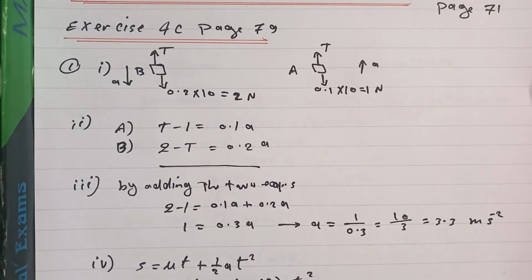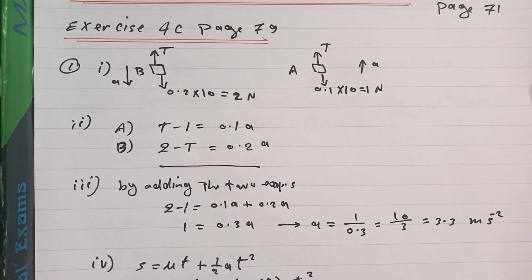Let me take number one. This is on page 79. Masses A of 100 grams and B of 200 grams are attached to the ends of a light inextensible string which hangs over a smooth pulley as shown in the diagram.